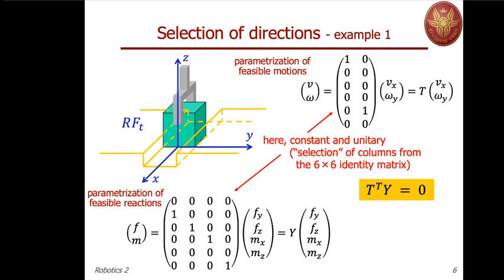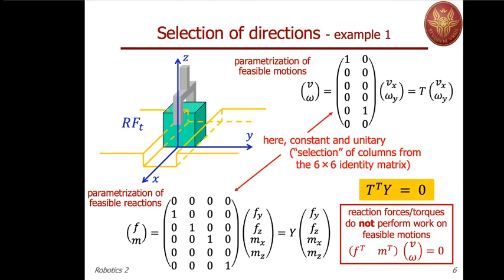So the columns of T are orthogonal to the columns of Y. And this is always the case in this modeling of the interaction, because it reveals that reaction forces and torques, so F and M transpose, will not perform work on feasible motion.